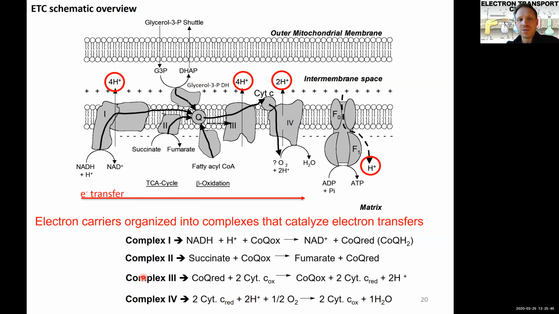Complex 3 also is pumping 4 protons, and complex 4 is pumping 2 protons. We'll see why this difference exists, as well as why, for example, complex 2 is not pumping protons, when we talk about the energetics of this system.